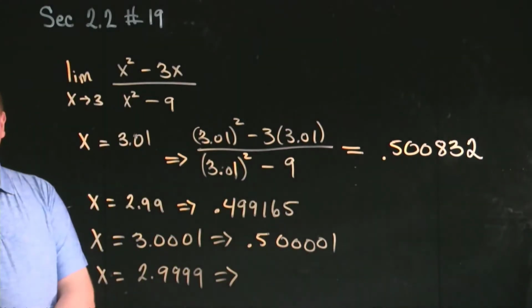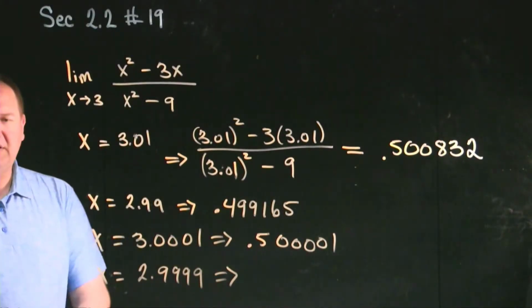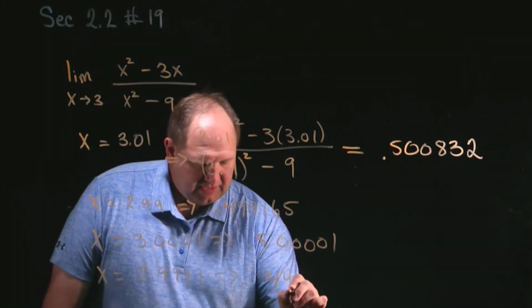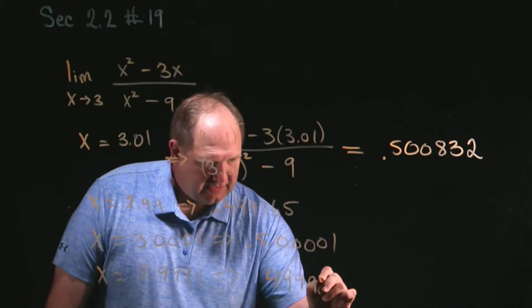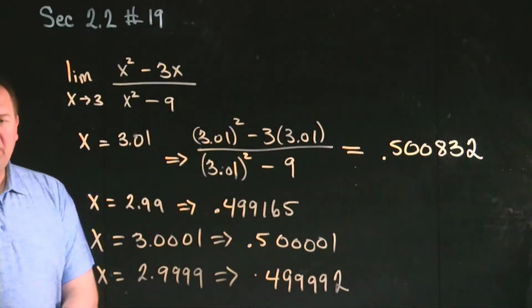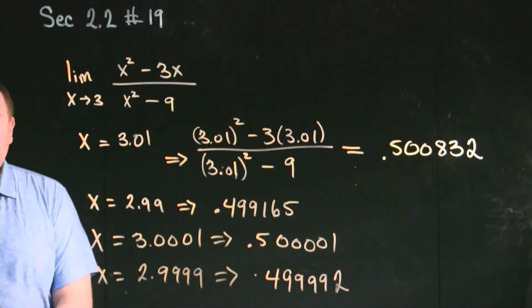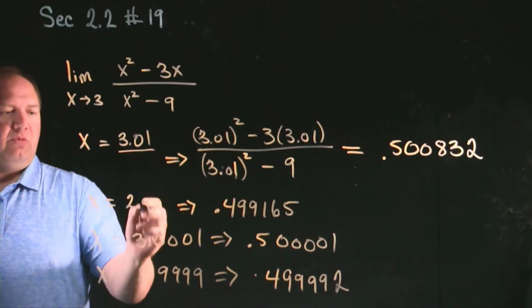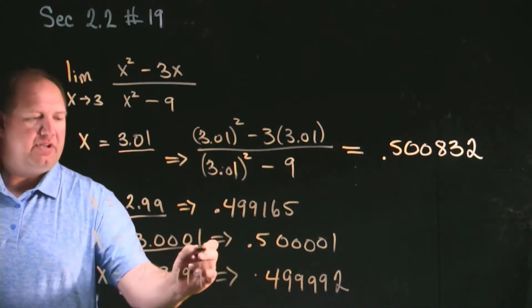And when I plugged in 2.9999, I got 0.499992.